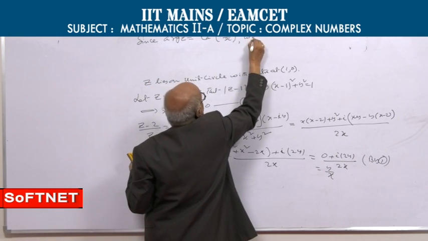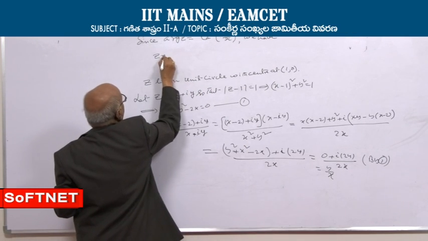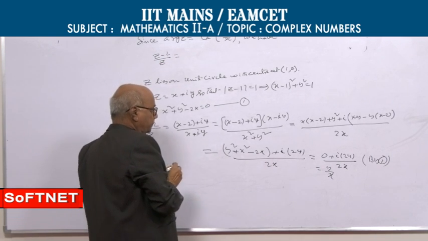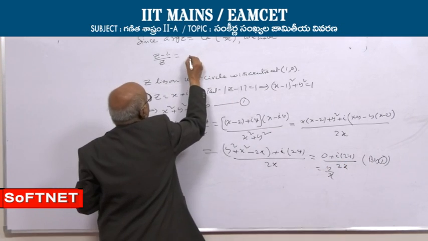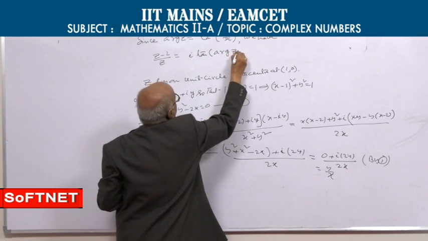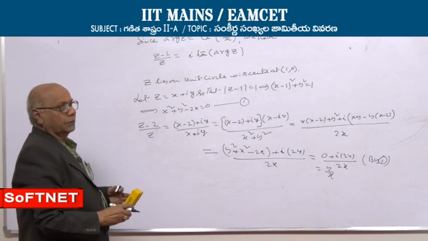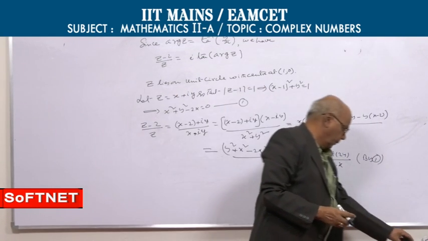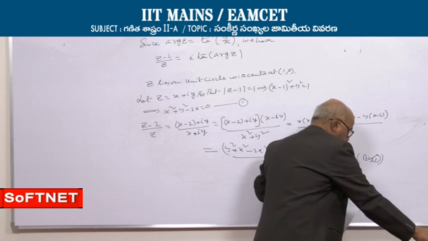We have (Z minus 2) by Z is equal to, 2 will cancel, I into tan of arg Z. So that is the problem. So that means the correct answer is the fourth option.